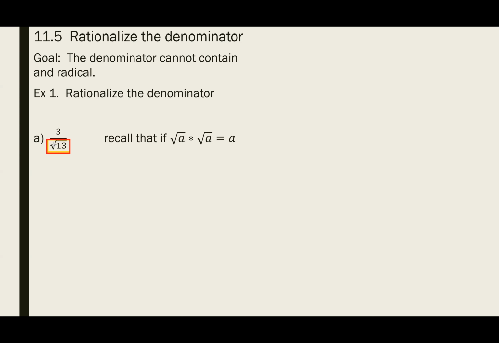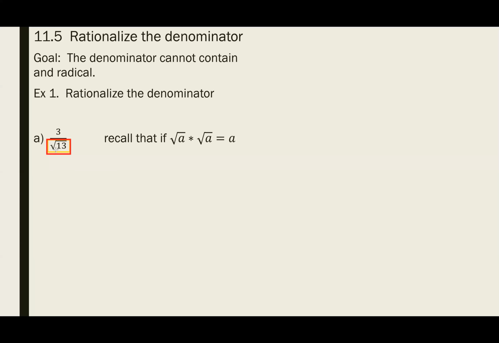So your goal is how we can get rid of the radical in the denominator. That's the objective here in 10.5. It's dividing, but in the sense it's rationalization, or rationalize the denominator.